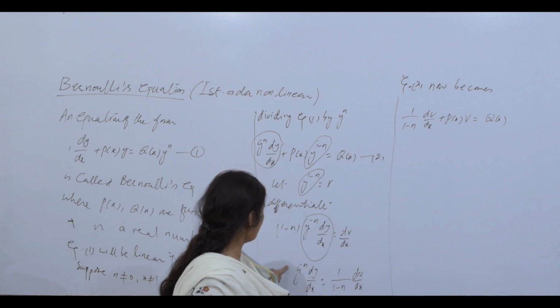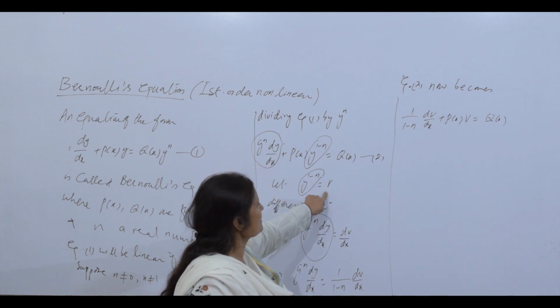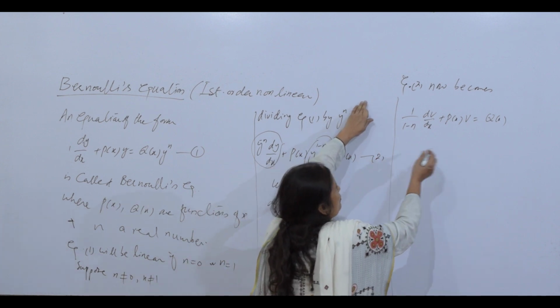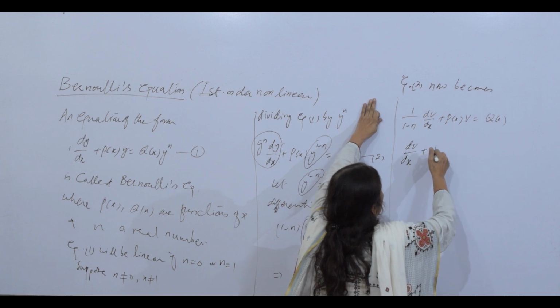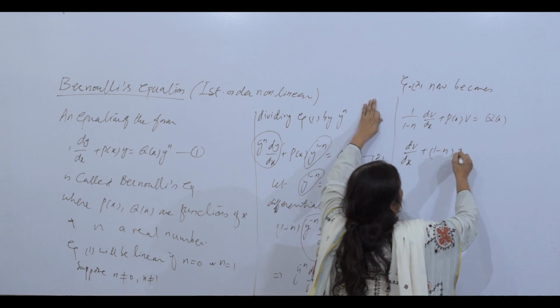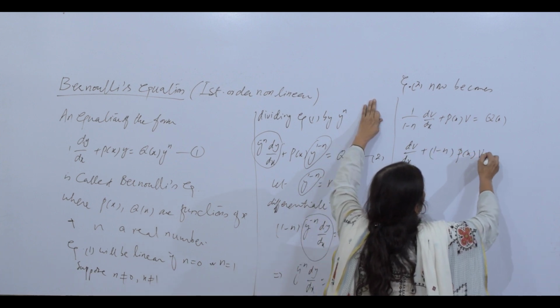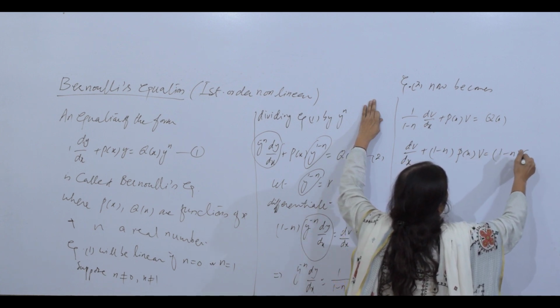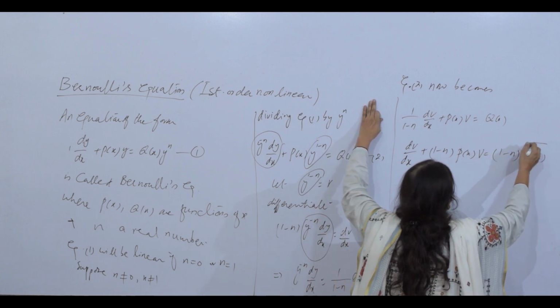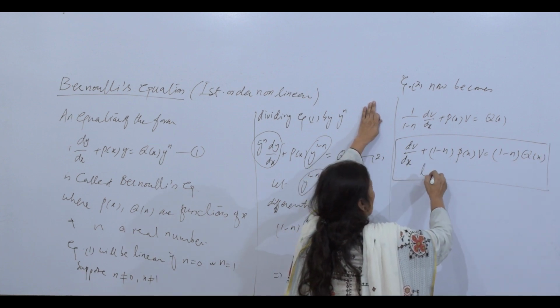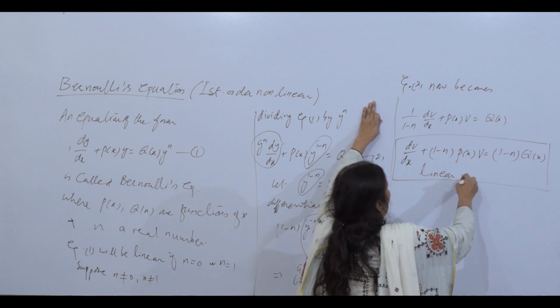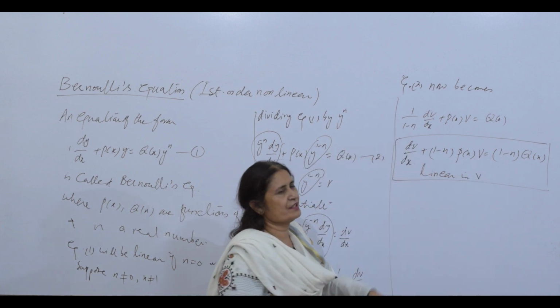The derivative is replaced and y^(1-n) is v. So multiply by 1-n. So dv/dx + (1-n)p(x)v is equal to (1-n)q(x). And this is linear in v.